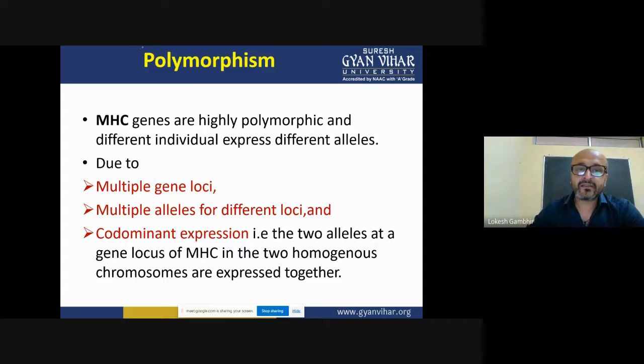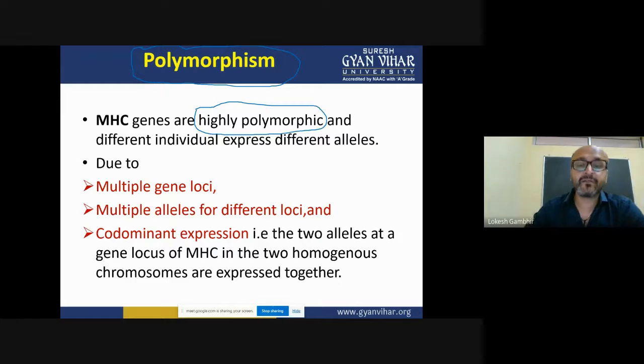There are multiple polymorphisms that will be seen throughout the MHC molecule, such as single nucleotide polymorphisms. Why? Because there are multiple genes involved. Any substitution happening within the genes will give rise to single nucleotide polymorphism, and that is the reason why we say MHCs are highly polymorphic.